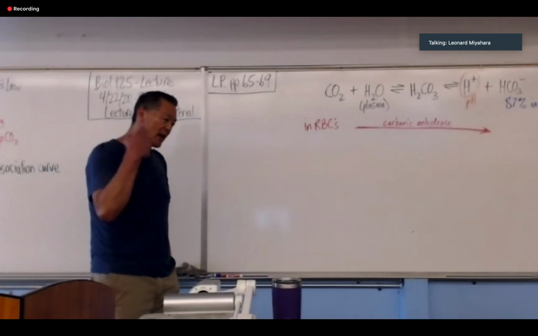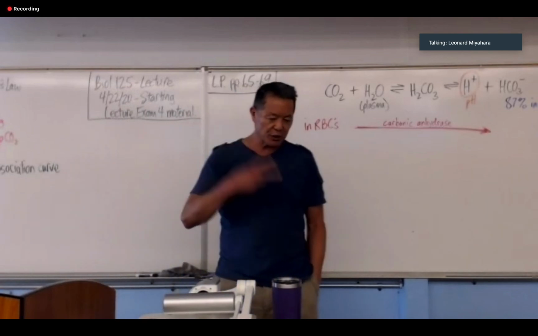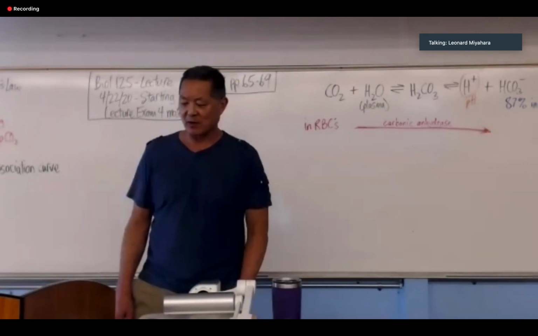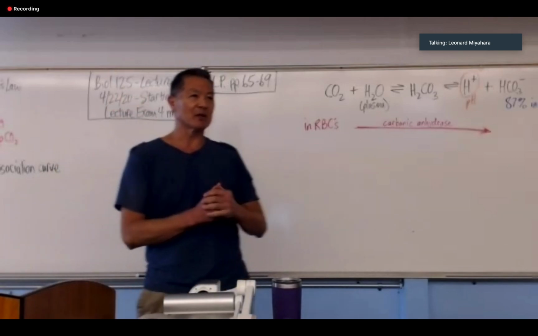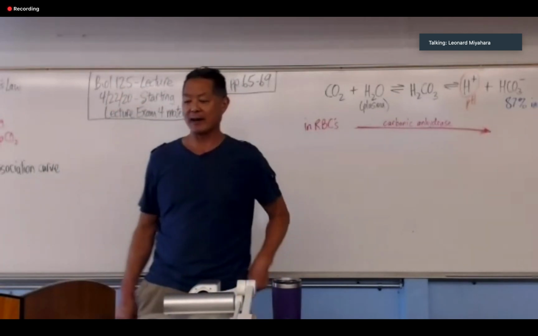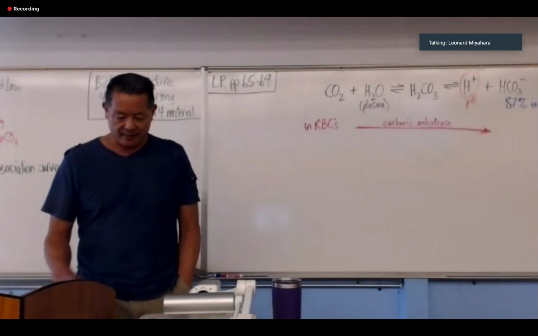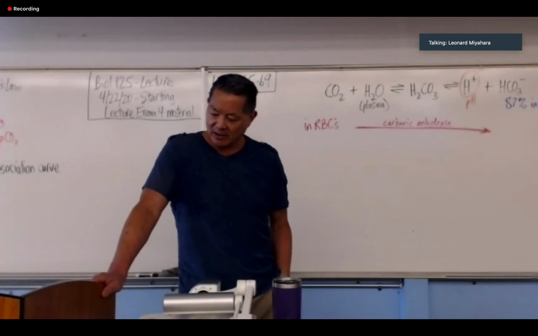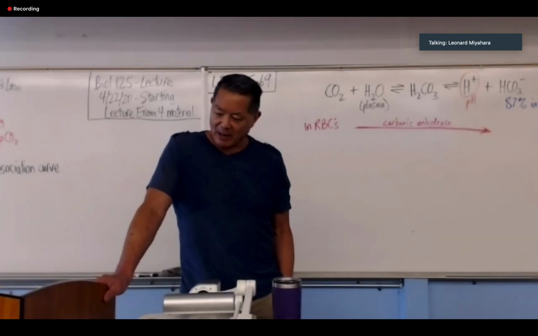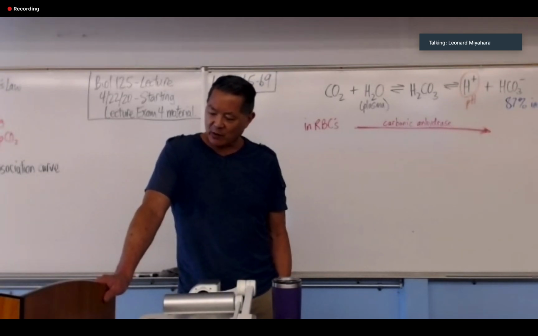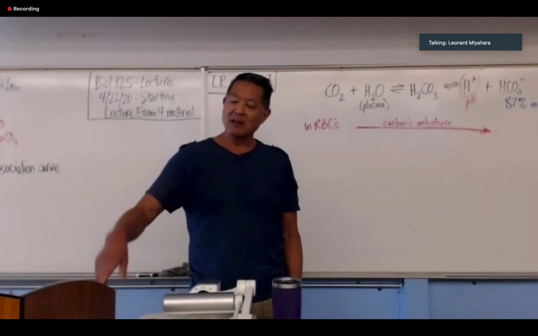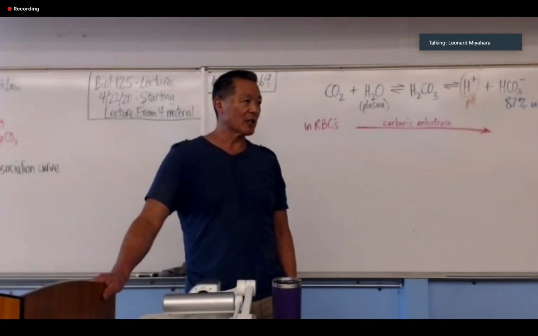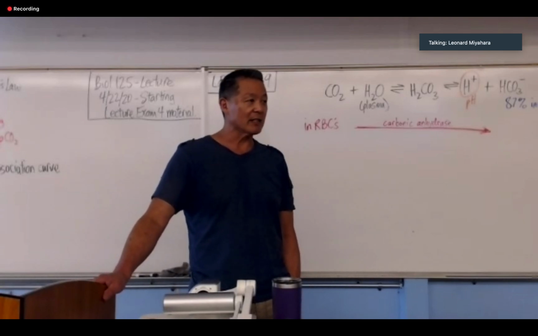All right, so we have two main categories of chemoreceptors. We have peripheral chemoreceptors, that means it's outside your brain. And those are very close to the baroreceptors, because we have baroreceptors in the aortic arch and the carotid sinus, and right next to the baroreceptors in the carotid sinus are the carotid bodies.